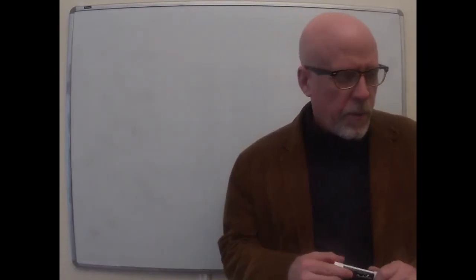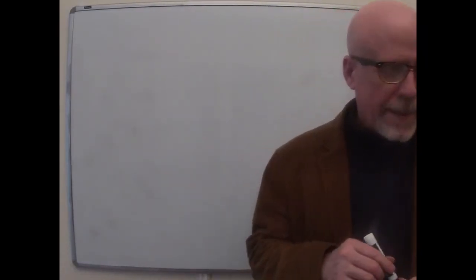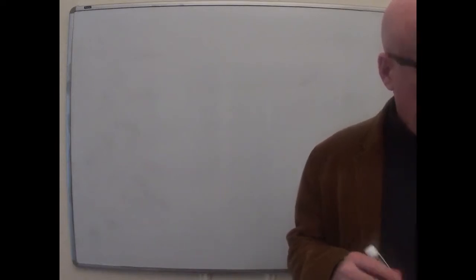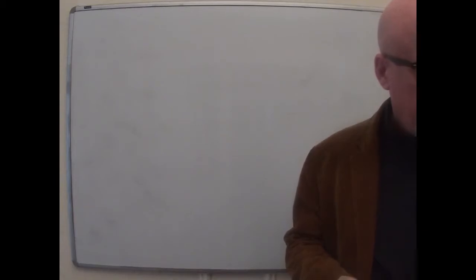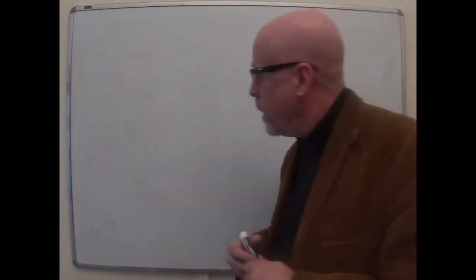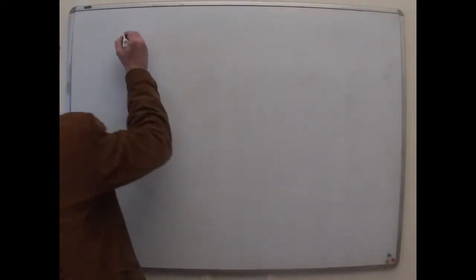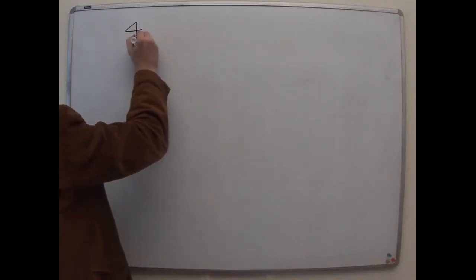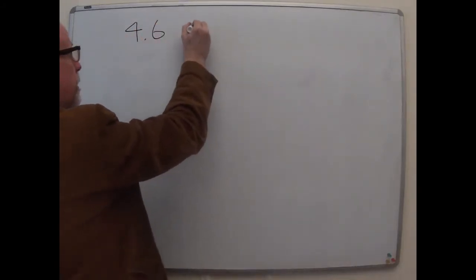Hi everybody, this is going to cover section 4.6, which is about, again, direct proof type of argument, but using yet another definition. The thing we're after today is the floor and the ceiling functions.